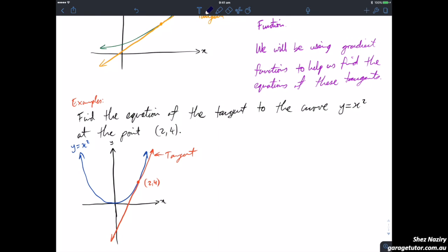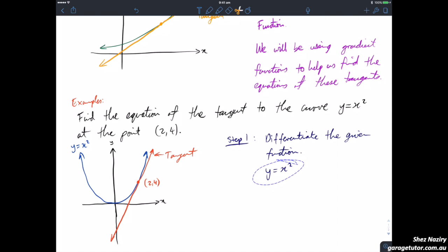Alright, so let's move on to working it out. So, the first step, watch this. Step 1: differentiate the given function. The given function is y equals x squared. What's the derivative of y equals x squared, guys? 2x.